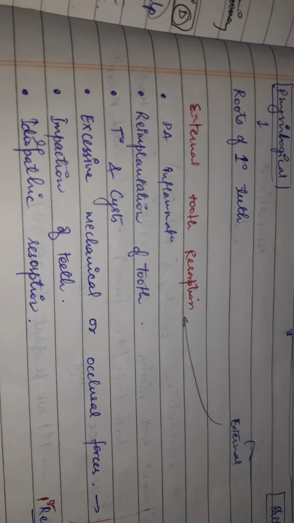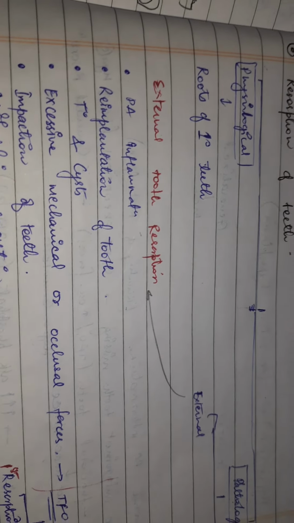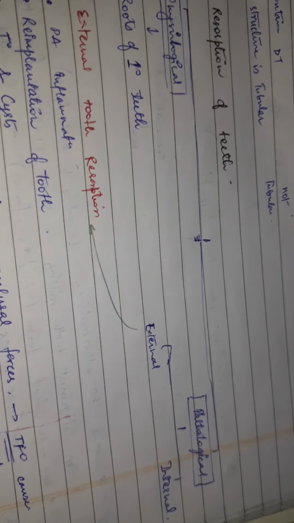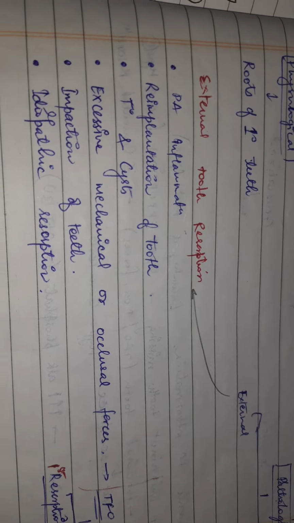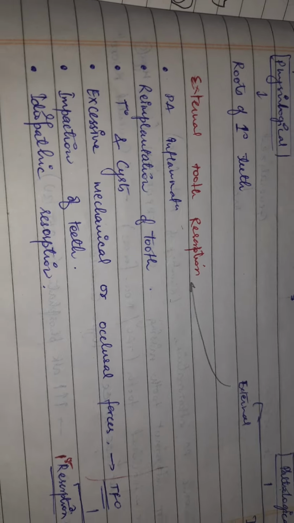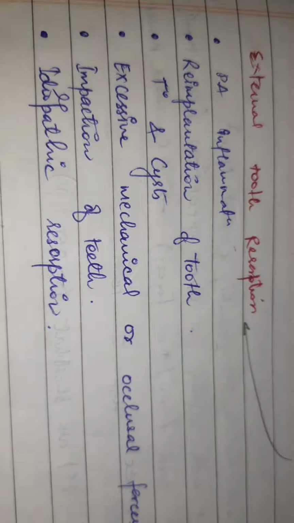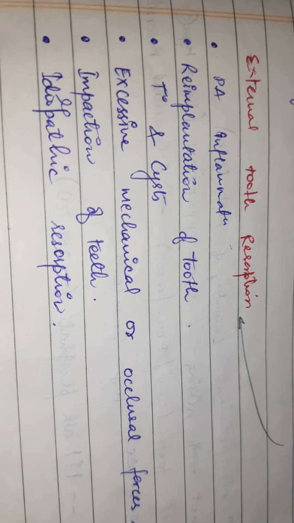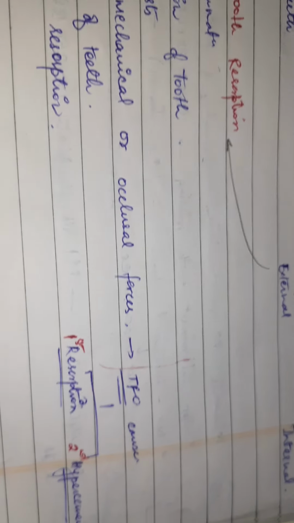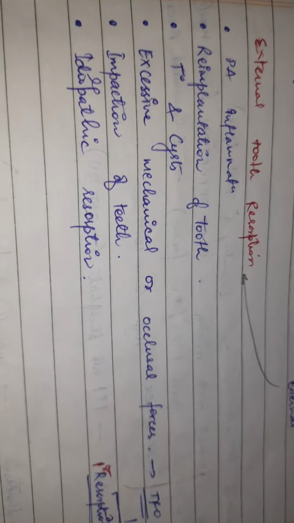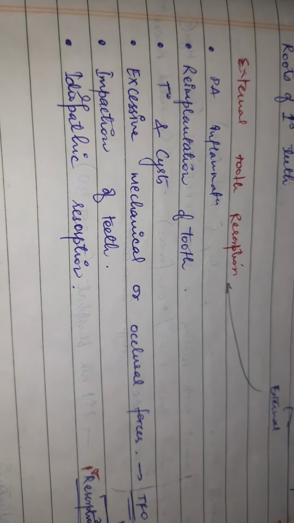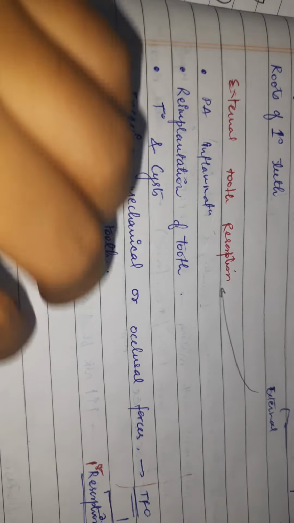External tooth resorption occurs in periapical inflammation, implantation of tooth, tumor and cyst, excessive mechanical or occlusal forces, and trauma from occlusion, which causes first resorption, then hypercementosis. This we have to remember. Then impaction of teeth and idiopathic resorption.